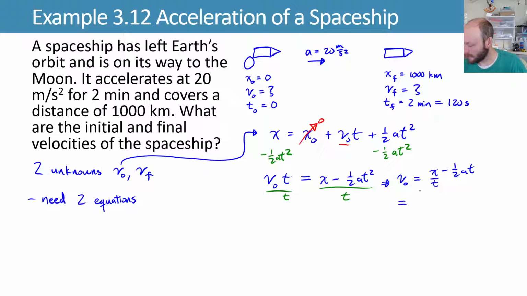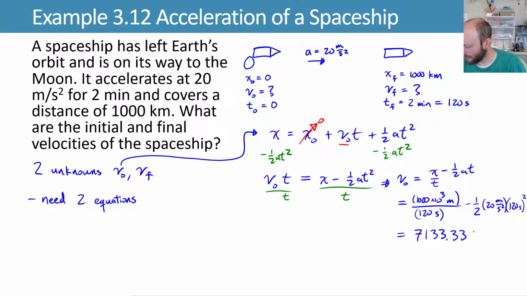So we'll say this is equal to 1,000 kilometers. I'm going to write that as 1,000 times 10 to the third meters divided by the time of 2 minutes or 120 seconds, minus 1/2 acceleration was 20, time was 120, and we get a V naught of 7,133.33 meters per second.